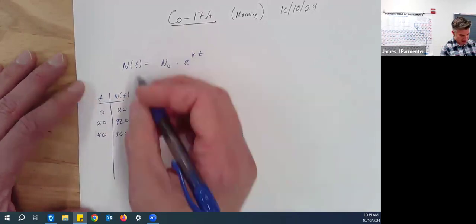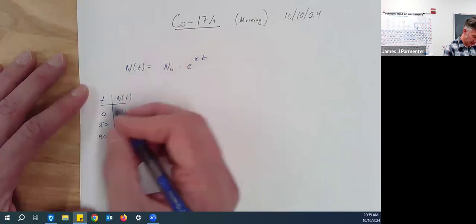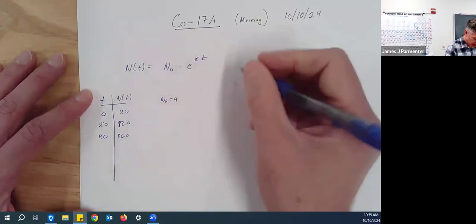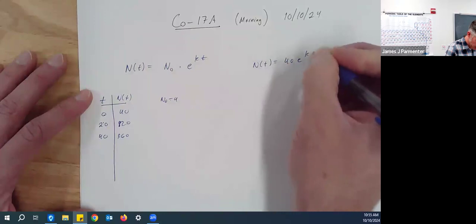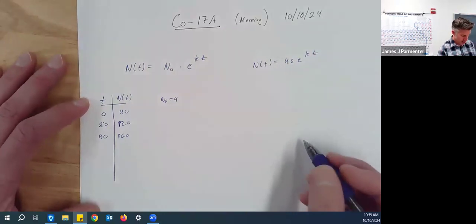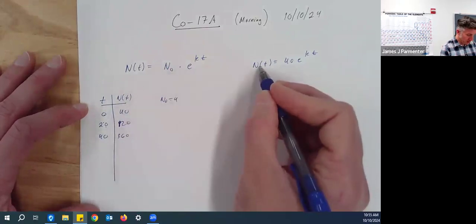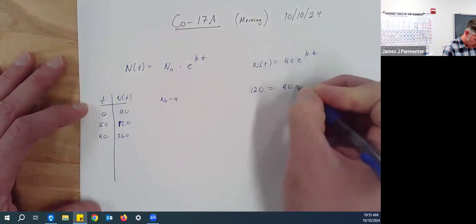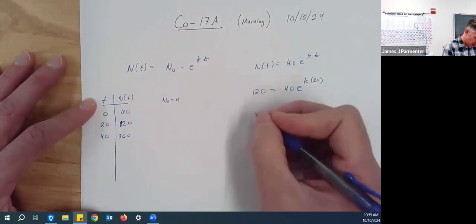So here the way you would do it is similar but slightly different. You would plug in t equal to 0 to get n naught equal to 40. So then we have n of t equal to 40 e to the kt. And then we're going to plug in t equal to 20 and n of t equal to 120 to solve for k. So then we divide both sides by 40.